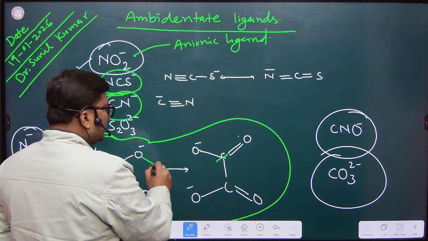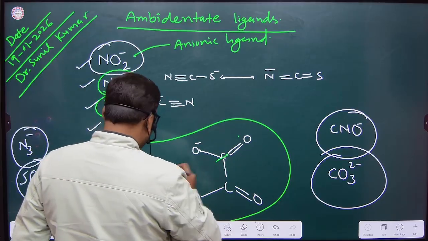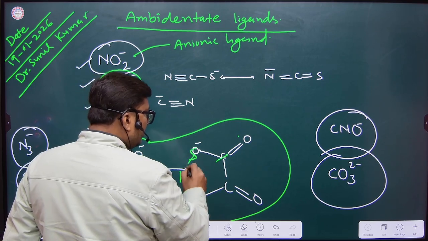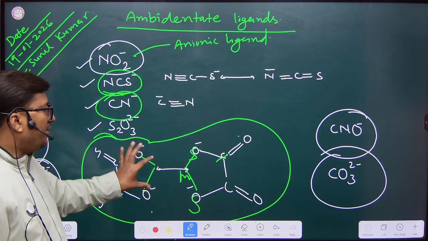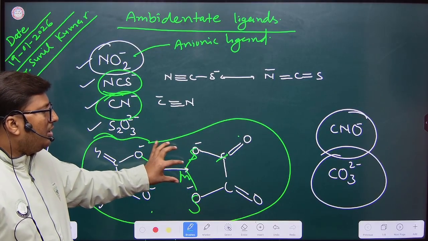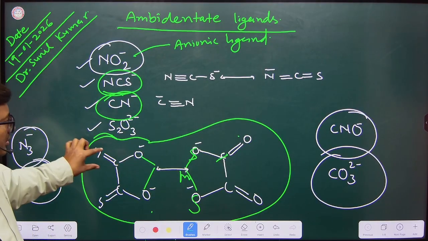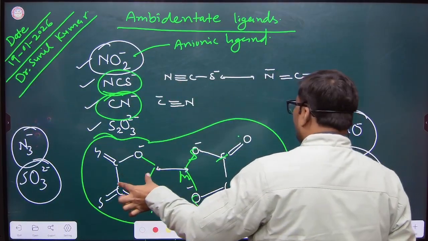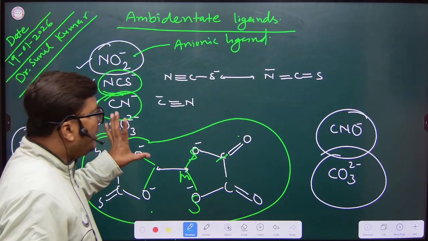They can capture the metal in this fashion, or they can capture with this type, right? Both oxygens can capture a particular metal cation. Here both sulfurs can capture this particular metal cation. So they have a tendency to form these two different complexes. So they are a very important class of ligand, that is ambidentate ligand.